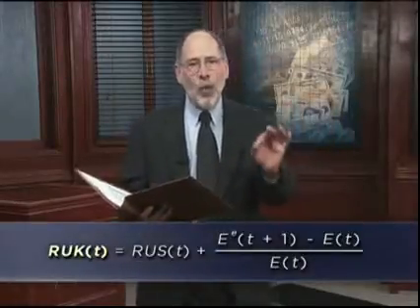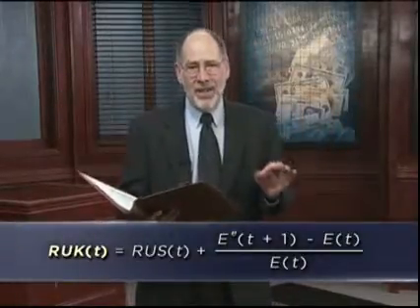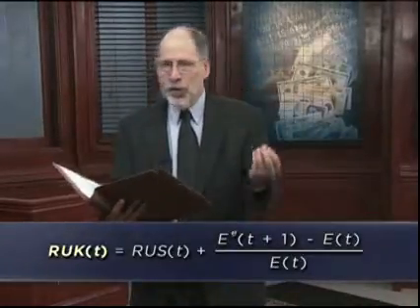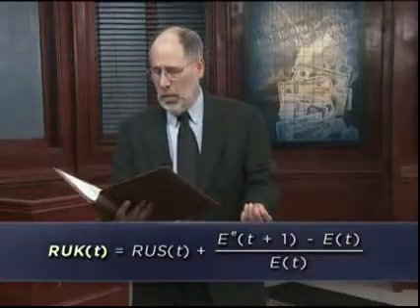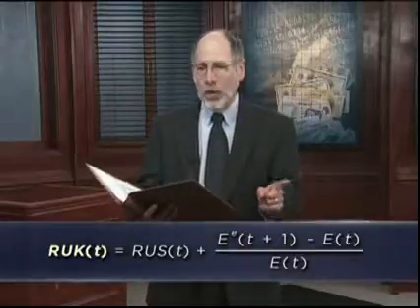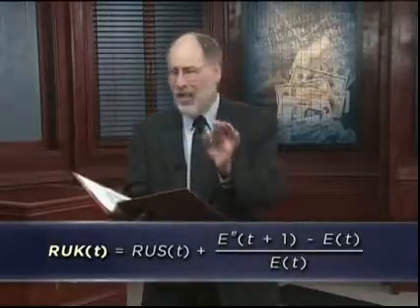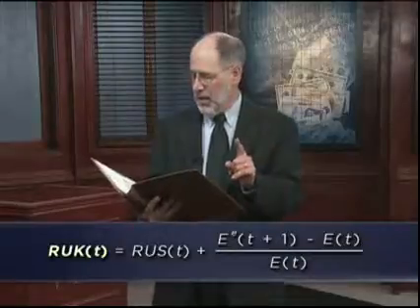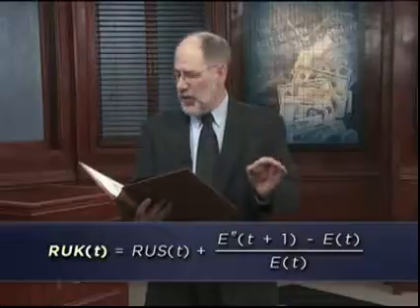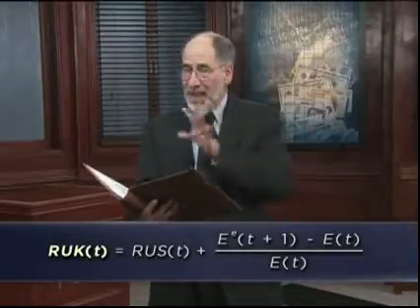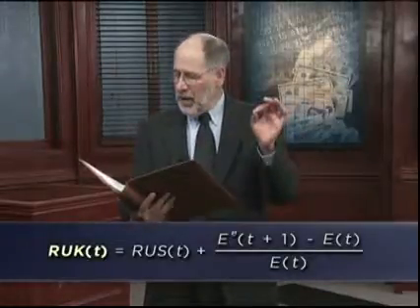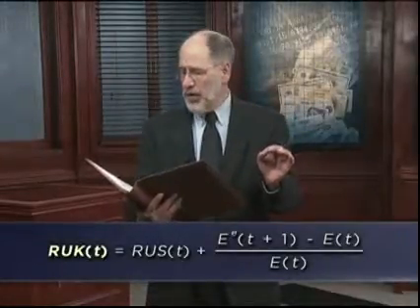Now, exactly what is the interest parity condition? The interest parity condition is that the interest rate in the UK, R_UK at time T, must in equilibrium be equal to the interest rate in the US at time T, adjusted for expected percentage changes in the exchange rate. That's that second term on the right-hand side. And what is that expected percentage change in exchange rates?